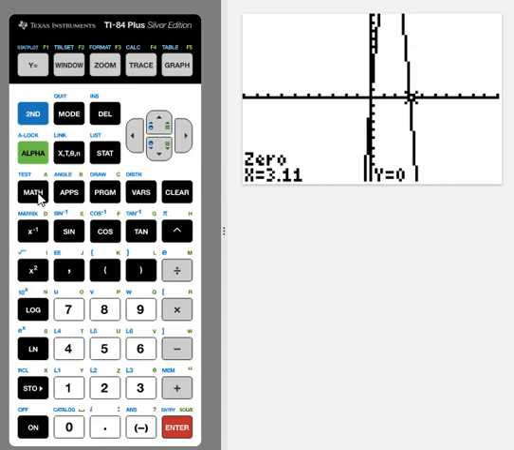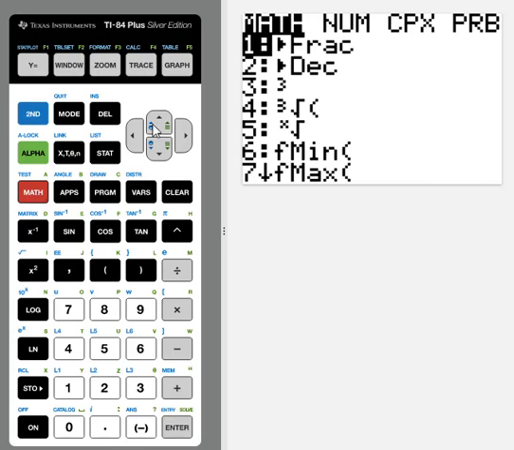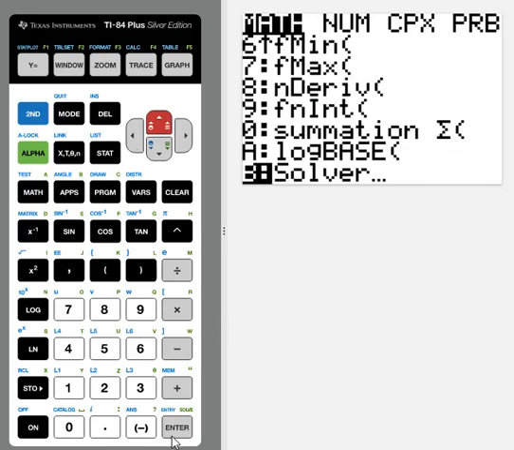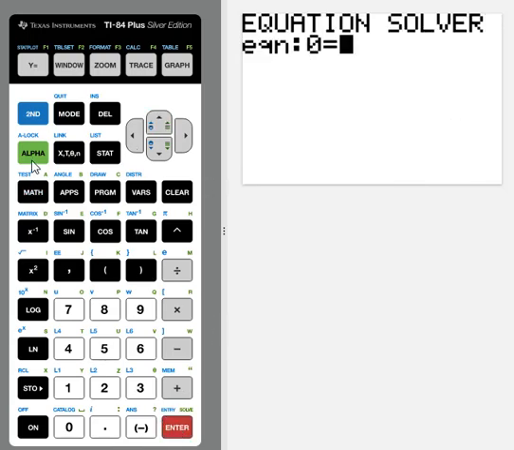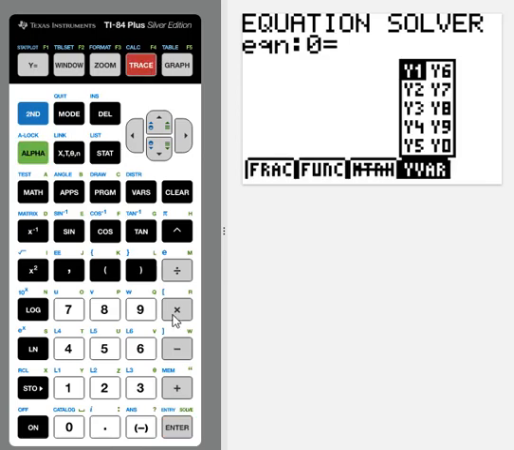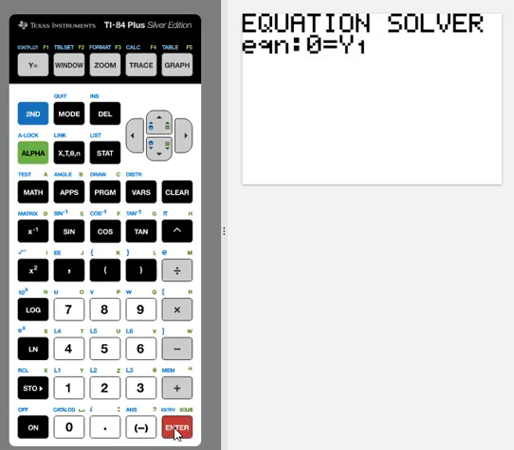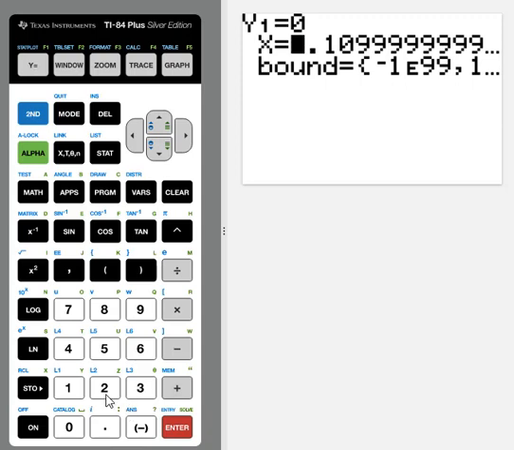Another way is you go to equation solver. See math, equation solver. We will put the Y1, then enter. We think 10 will be our solution. So we do alpha, enter. You will get 3.11.